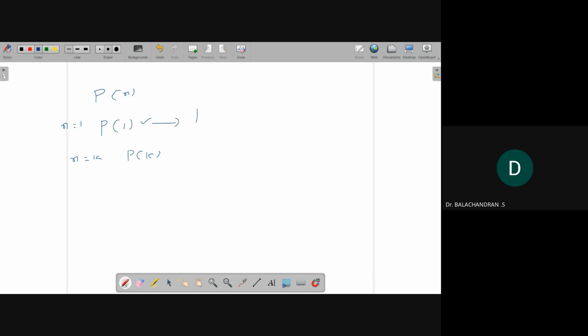For n equal to 1, we need to prove. For n equal to k, we are assuming the statement is true. And for n equal to k plus 1, that is P of k plus 1, again we need to prove it is true. This is the idea.